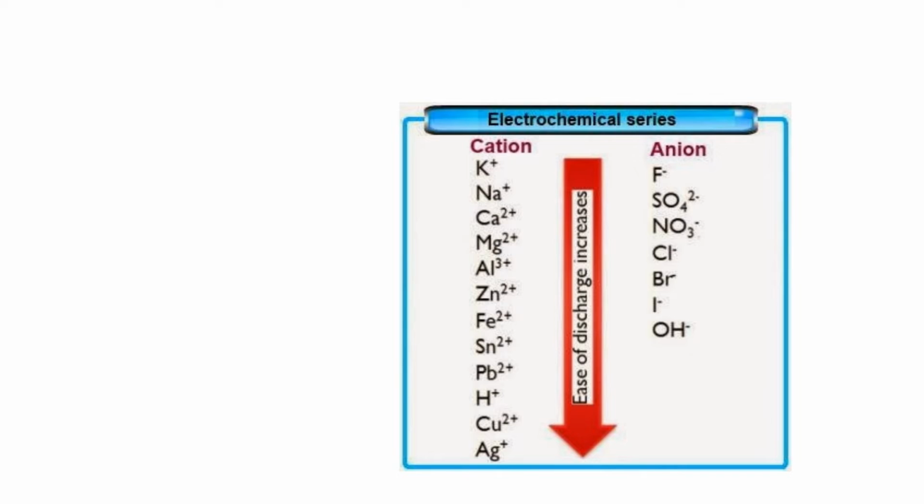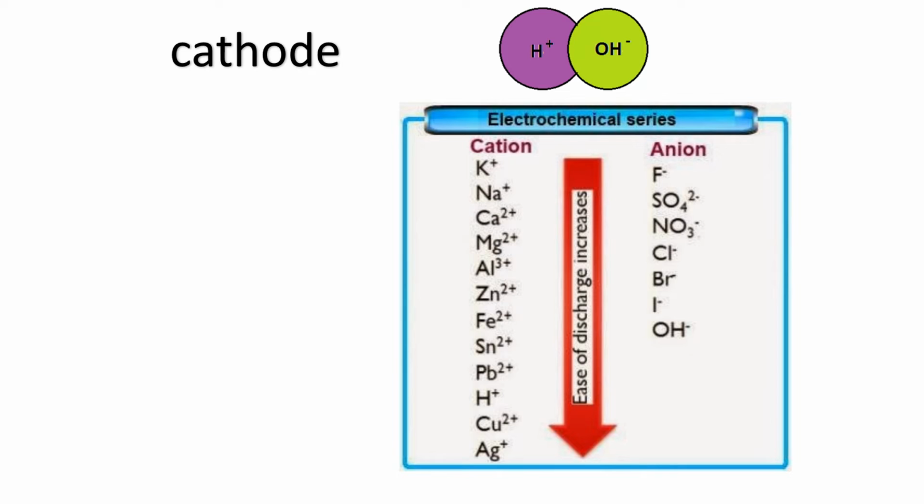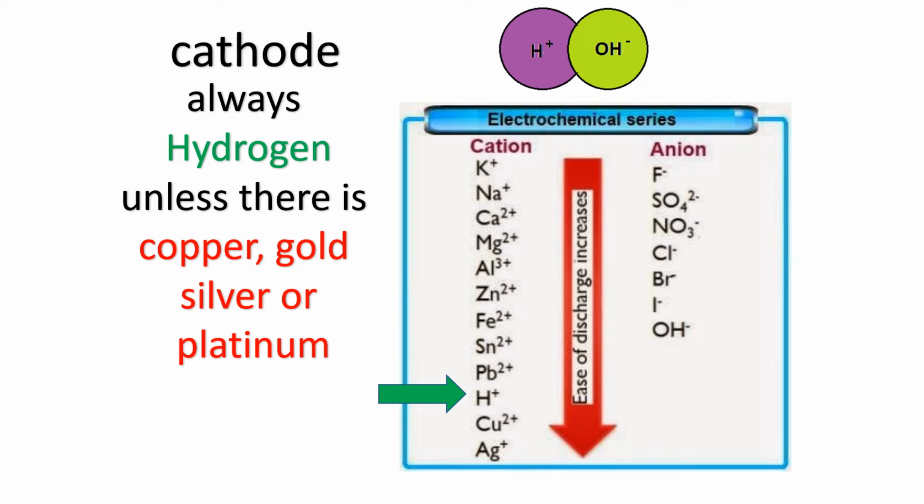Okay, so this electrochemical series is really difficult, and of course, it's actually wrong. It's just pants. So I'm going to give you two more golden rules, hopefully to make your life easier. When it comes to the cathode, and this is what you can write down in your notes, you are always going to make hydrogen, because look at how far down it is on this series.